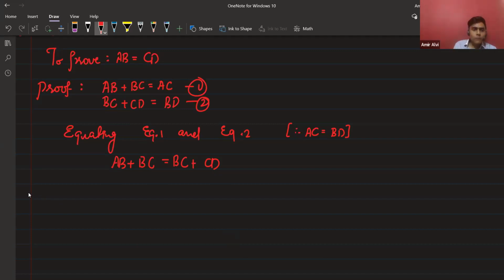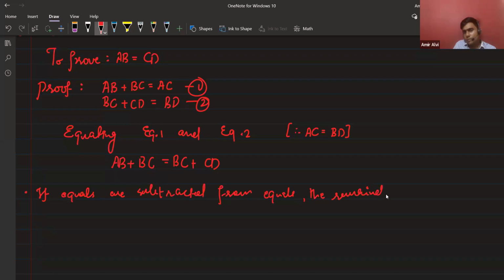So you can say that if equals are subtracted from equals, the remainder is also equal.